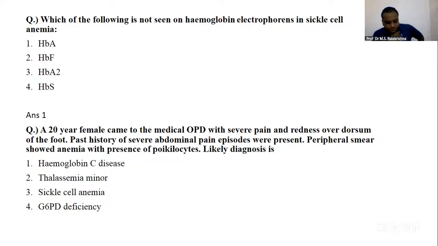Next question. A 20-year-old female came to medical OPD with severe pain, redness over the dorsum of the foot. Abdominal pain was there. Peripheral smear showed anemia and poikilocytosis, abnormal shape and size, everything. So the likely diagnosis is, it's abnormal, so it is sickle cell anemia.